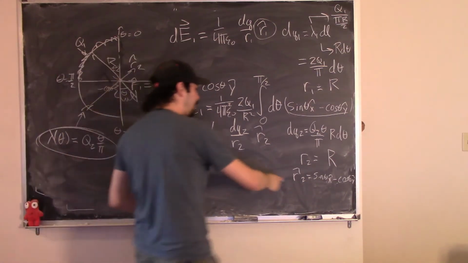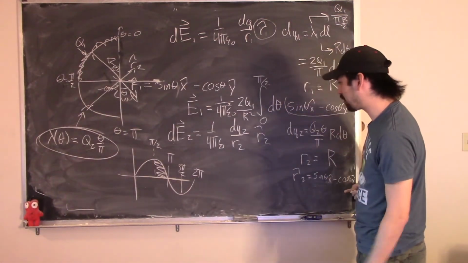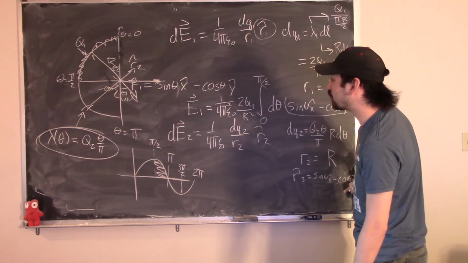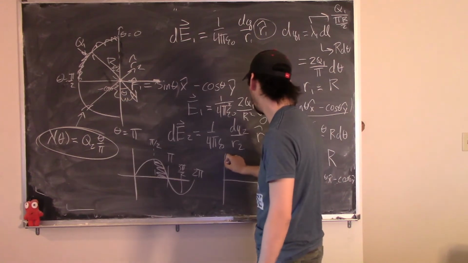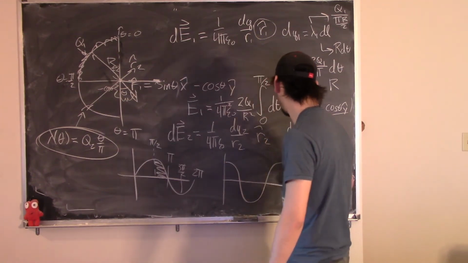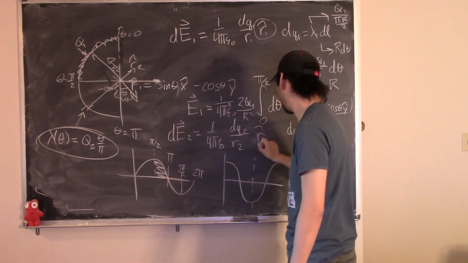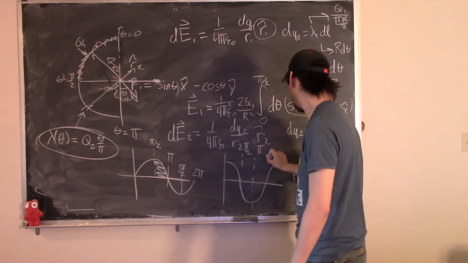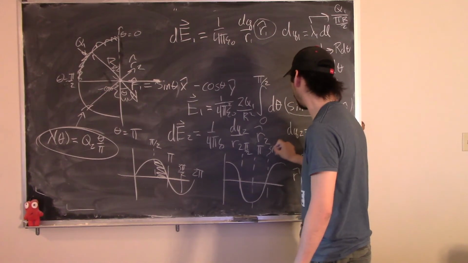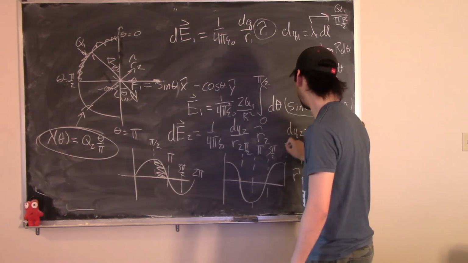But now let's see what happens when I plug in something between pi over 2 and pi for cosine. So if I plot my cosine, this looks like this, okay? So this is pi, this is pi over 2, this is 3 pi over 2, and this is 2 pi.